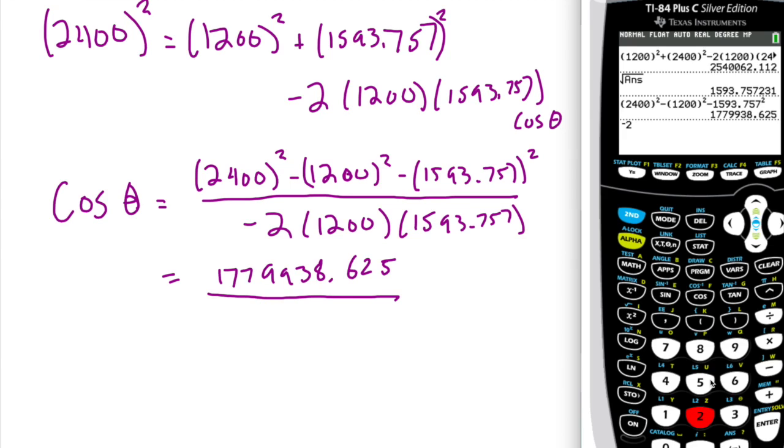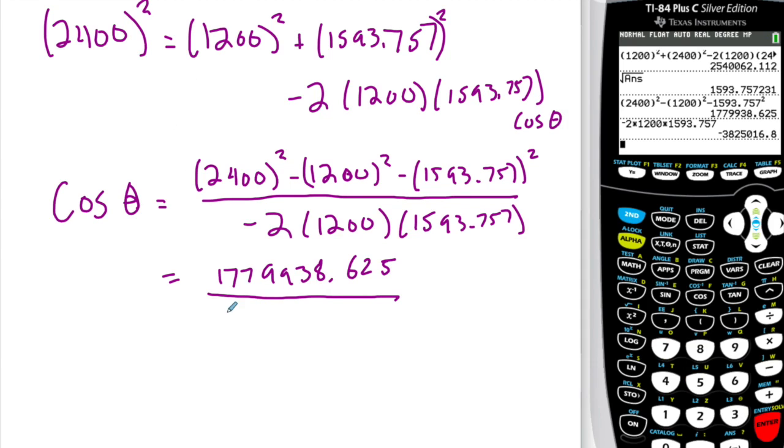Let's see what happens. Negative 2 times 1200 times 1593.757. So I get negative 3,825,016.8, and that's the cosine of theta.